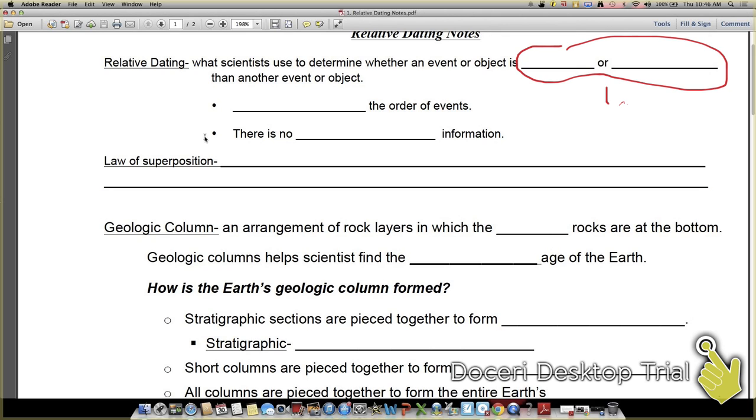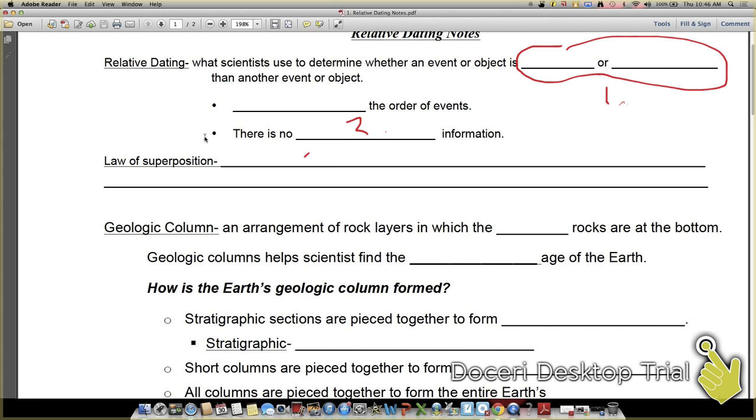Blank or blank. Number 2. With relative dating, there is no blank information.